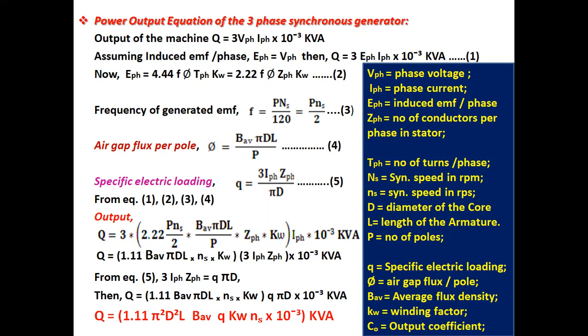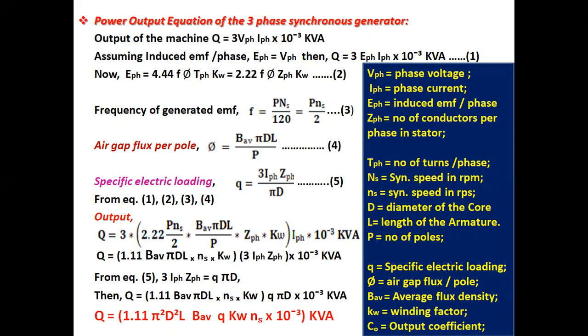Specific electric loading q is equal to 3 I phase Z per phase divided by pi d, that is number of conductors per phase in stator Z ph. From equations 1, 2, 3, 4, output Q is equal to 3 into 2.22 into P into small ns divided by 2 into B average pi d L by P into Z ph into Kw into I ph into 10 to the power minus 3 kVA.